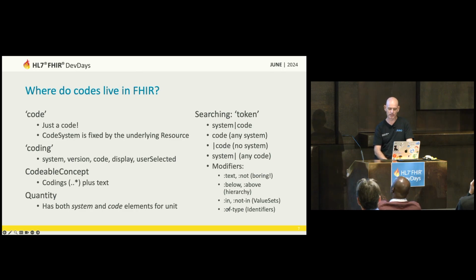And then the modifiers down here allow you to modify your meaning of that. So you can sort of say where the code is below a particular code that you're specifying. So you might put in, let's say, the code for diabetes, and you're saying below diabetes, it's all subtypes of diabetes. And that uses hierarchical relationships in the code system.